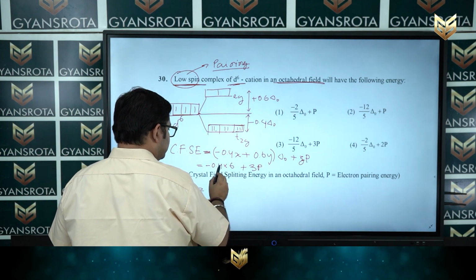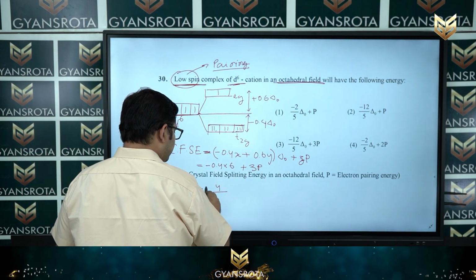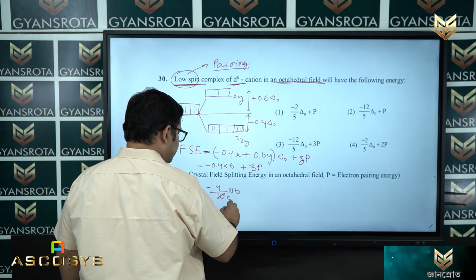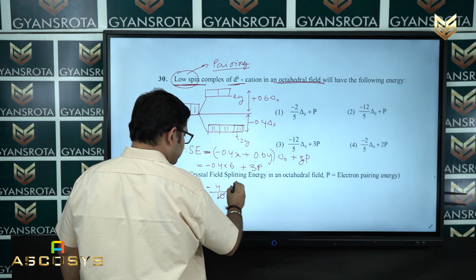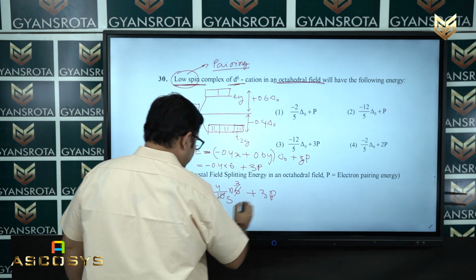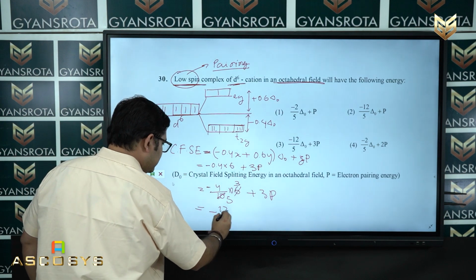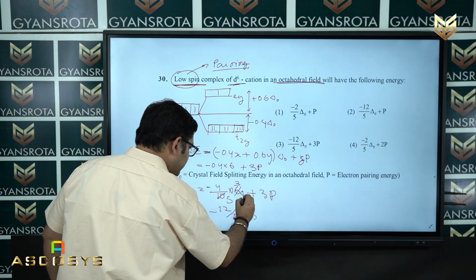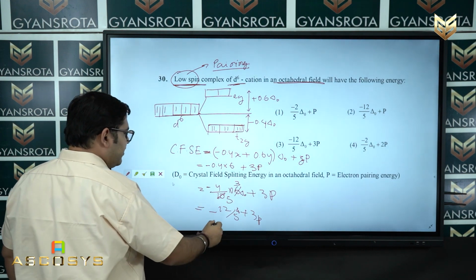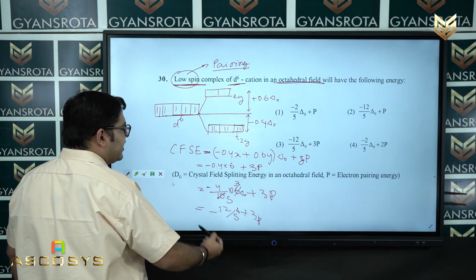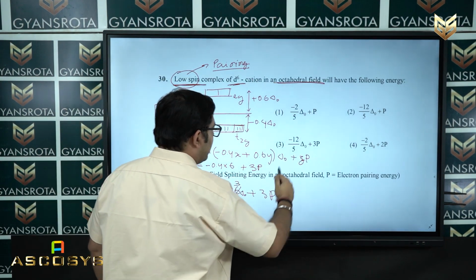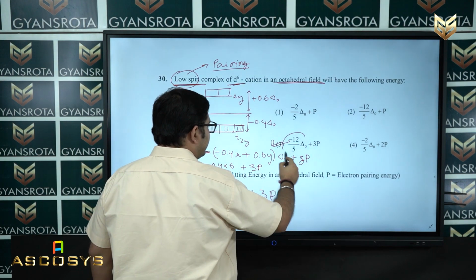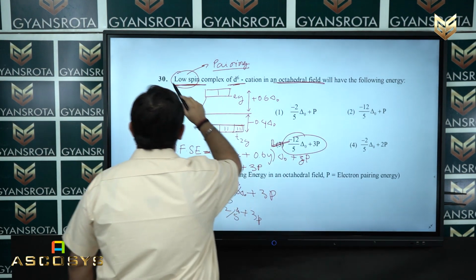Now solving this part, 4 by 10 into 6 ends up as minus 12 by 5 delta naught plus 3P. So minus 12 by 5 delta naught plus 3P is the correct answer. Among the options, option number 3, that is minus 12 by 5 delta naught plus 3P, is the correct answer of your question number 30.